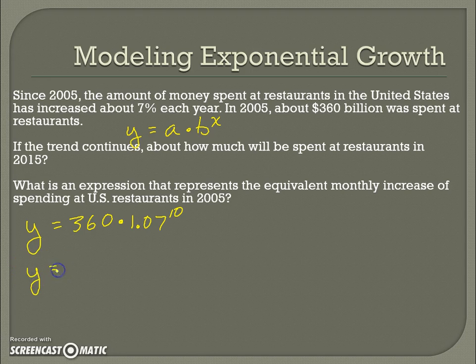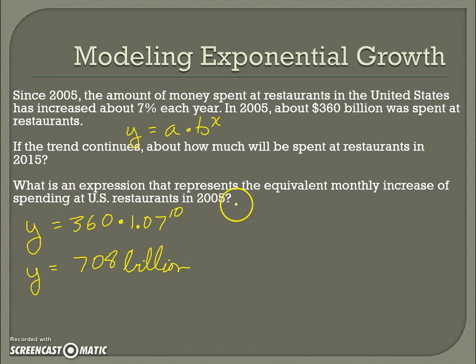So I get 360 times 1.07 raised to the 10th power, and you can just put all of this in your calculator. So you end up getting about 708 billion. Okay, so that's how much money was spent in 2015.